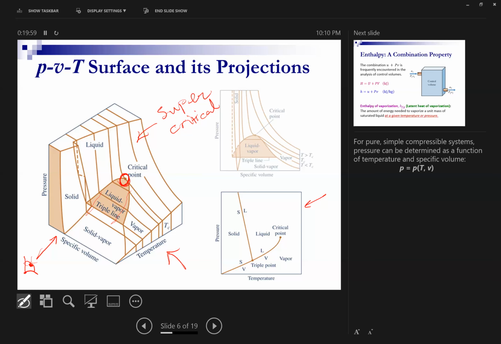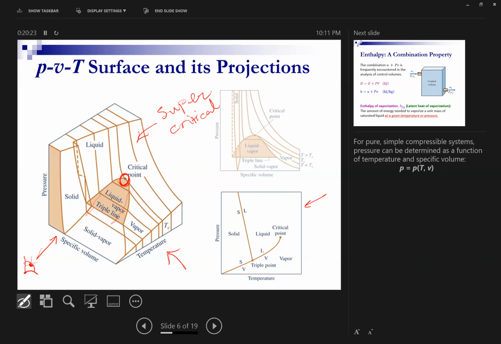With that said, now let's define the enthalpy, and later by defining the enthalpy, we will use the thermodynamic tables to find the properties. Keep in mind that we draw these diagrams to help us understand the processes.